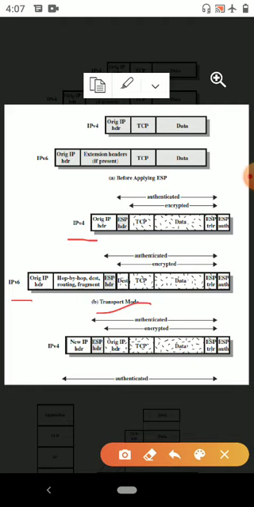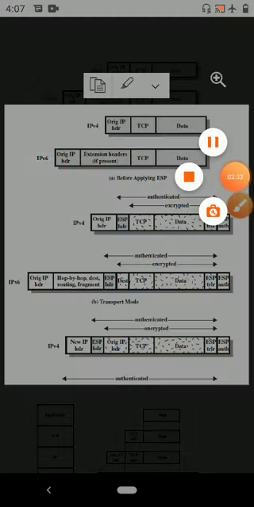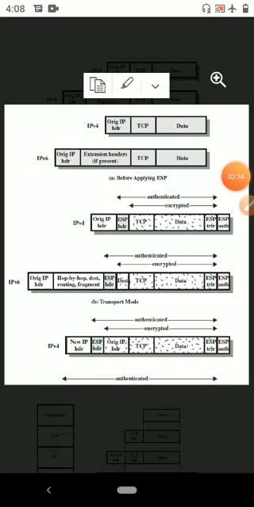For this mode, using IPv4, the ESP header is inserted into the IP packet immediately prior to the transport layer header, that is TCP, UDP or ICMP. See here, this ESP header is inserted prior to the transport layer header. The ESP trailer, that is padding, pad length and next header fields, is placed after the IP packet.